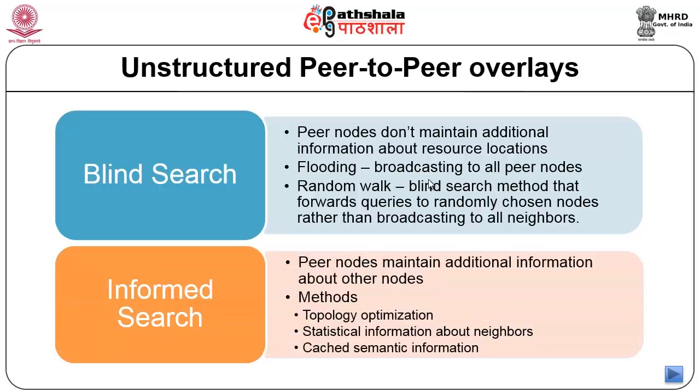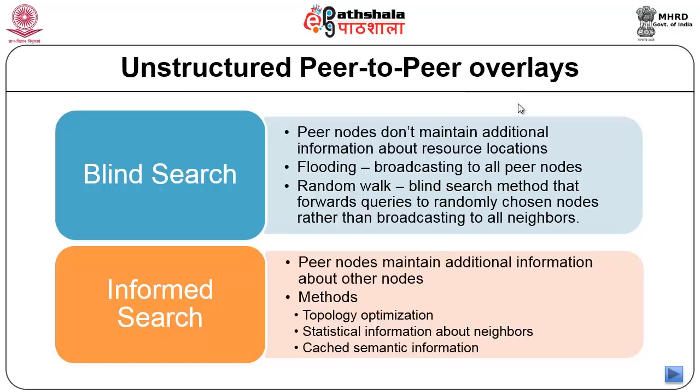On the other hand, in informed search, we can have the peers maintain some kind of additional information about other nodes. We can have some kind of topological information, we can maintain some statistical information about what the other node is storing, some kind of table which says that this particular node has so much of this.